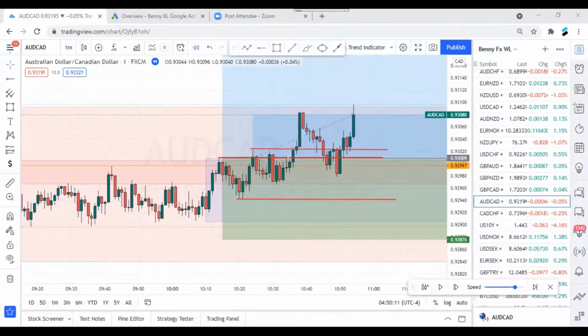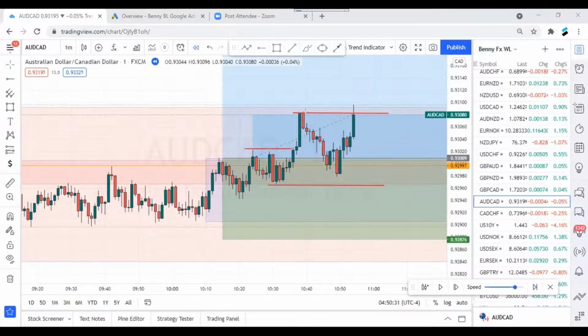Price came back. In this case, if we take this convincing break, let's take this. This is a high. And this is the low. This is the break.